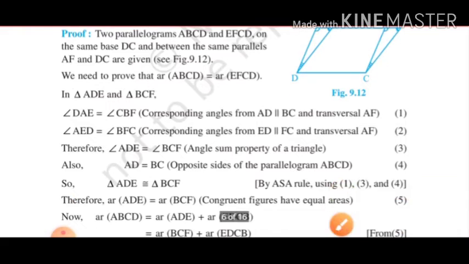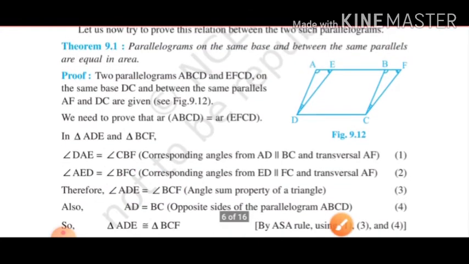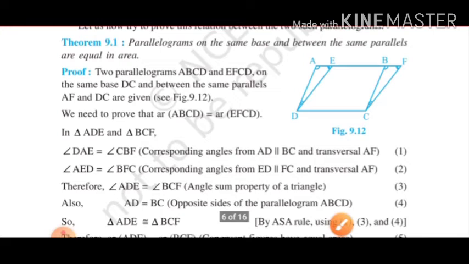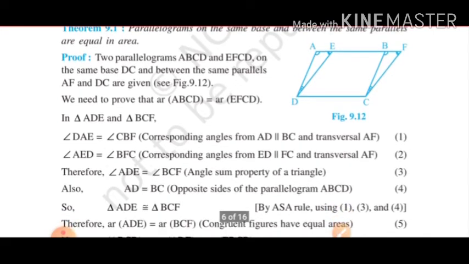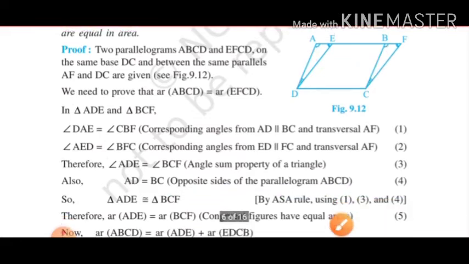Two angles are equal already, so obviously the third angle will also be equal. Now AD and BC are equal. Why? Because they are the opposite sides of parallelogram ABCD.